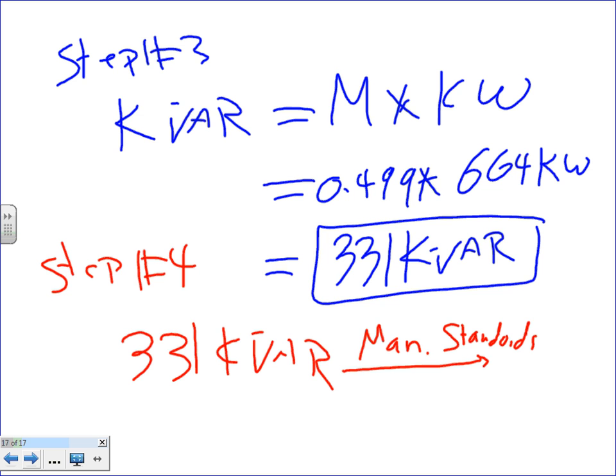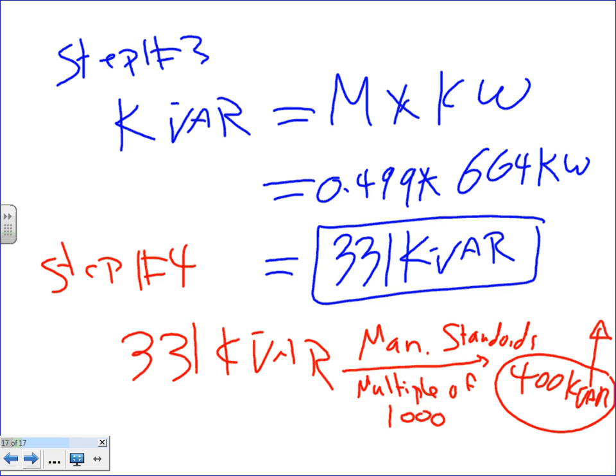For me, just for the test, guys, multiples of 100. So what's the next standard multiple of 100, DJ? We have 331. What's the next 100? 400. Okay, 400 kVAR. Please do this one at least for the test. Otherwise, you're going to find the manufacturers of a capacitor and find the next standard.